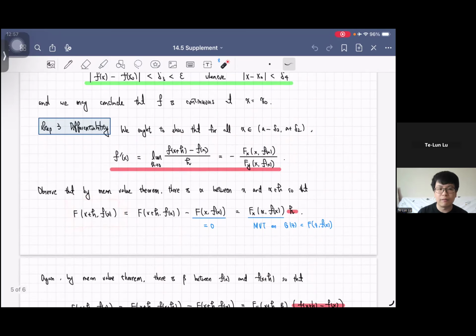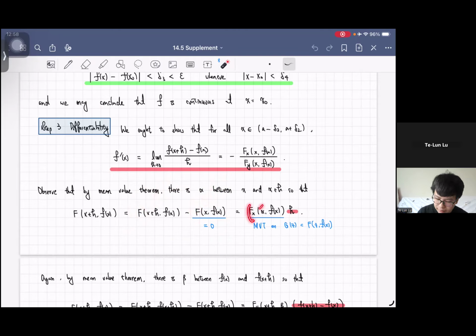What is capital F of x plus h, f of x? So this guy is the same as this guy, right? That is because by definition, little f is such that capital F of x, little f of x is 0. And by applying the mean value theorem to the first coordinate here, since we know that capital F is differentiable in the first coordinate, you have the partial derivative.